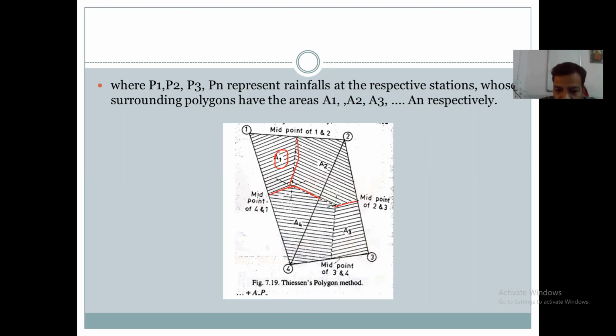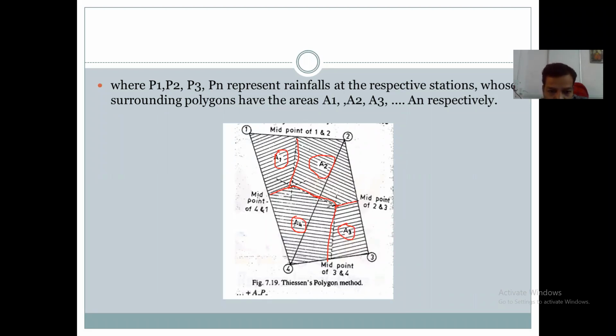Again from the midpoint of 3 4, a bisector is taken. मग अजून एक बायसेक्टर घेतलं इथे फ्रॉम द 2 4. हे जॉईन केल्यानंतर इकडची एक एरिया फॉर्म झाली, that is A2. A1 नंतर A2, त्यानंतर A3, एरिया A4. In this way, this basin area is divided into A1, A2, A3 and A4.